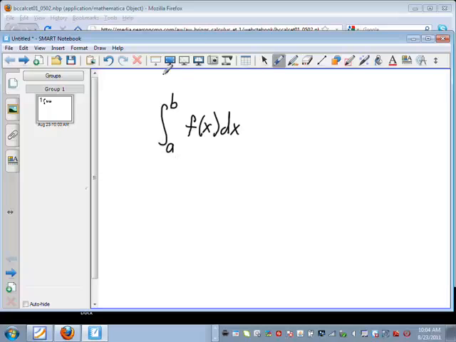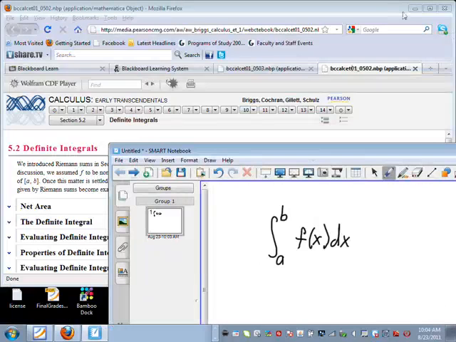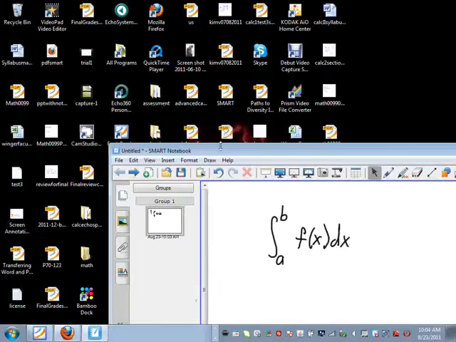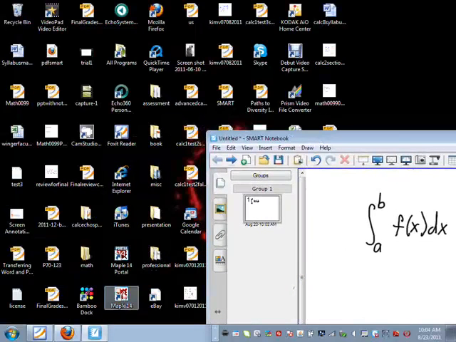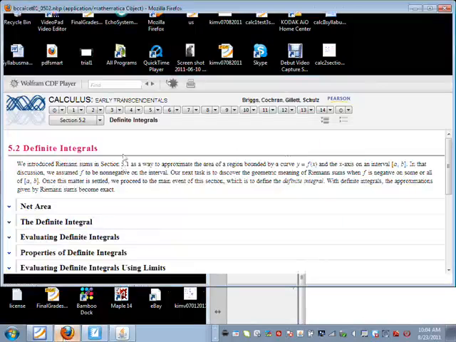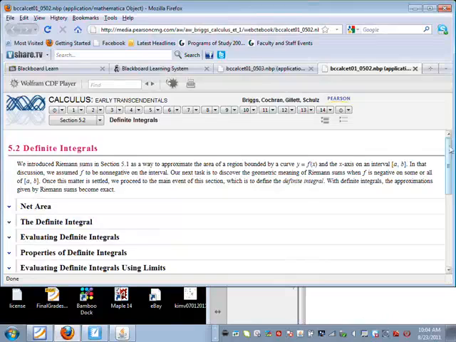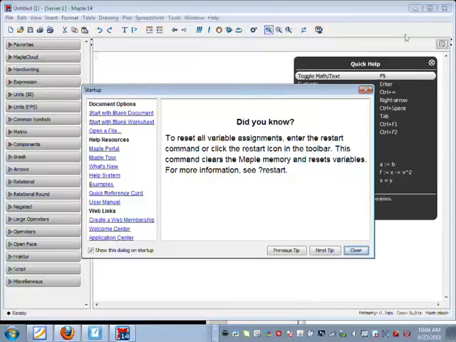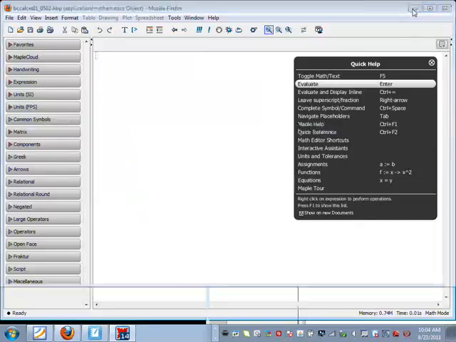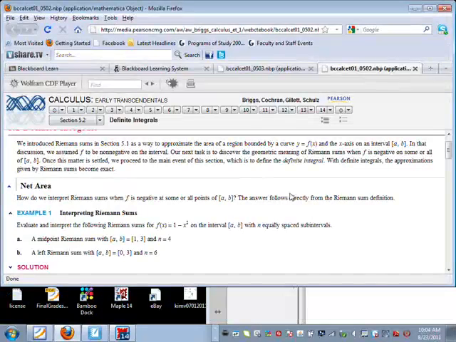So one of the easiest ones, just from the context, let's see what we have here. Maple, where are you? You're here. 5.2. So the net area. And we'll do some examples.